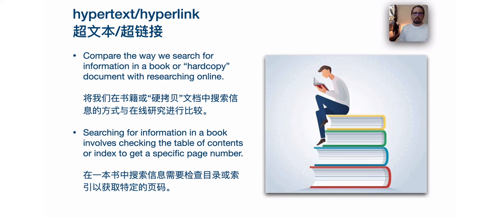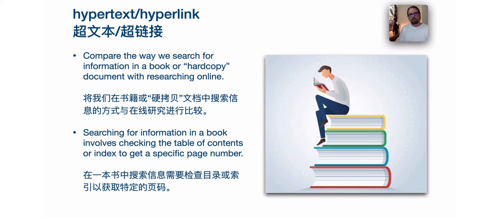Now, compare the way we search for information in a book or a hard copy document with the way that we research online. Searching for information in a book involves checking the table of contents or the index to get a specific page number.